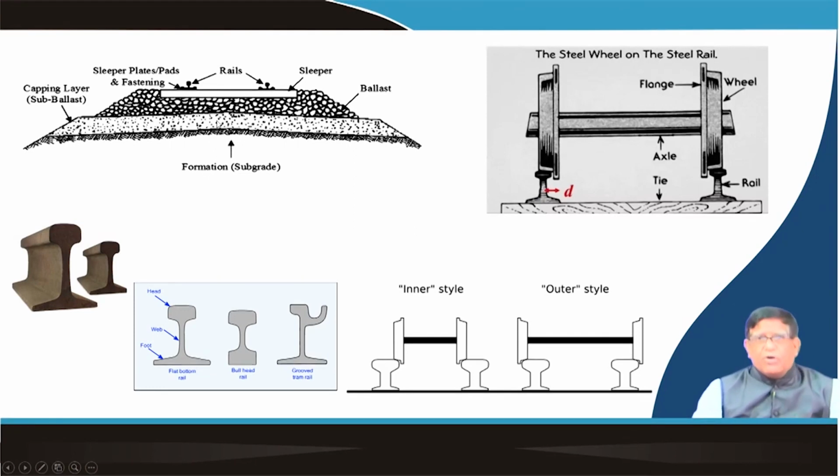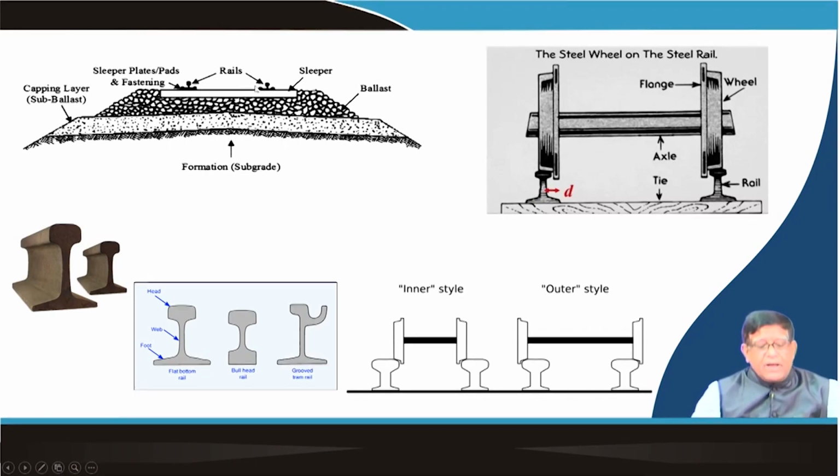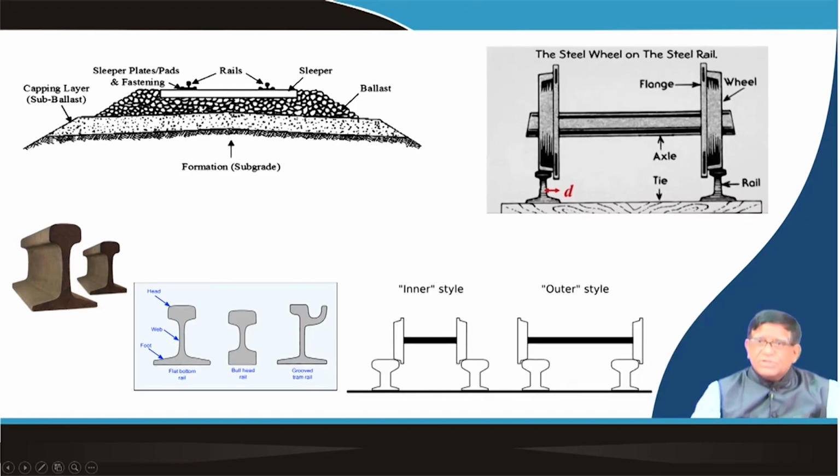Even in underground or in any railway, you will find that the rails are placed on the formation, which is called the subgrade. Above the subgrade you have a sub ballast, and then above that the ballast.